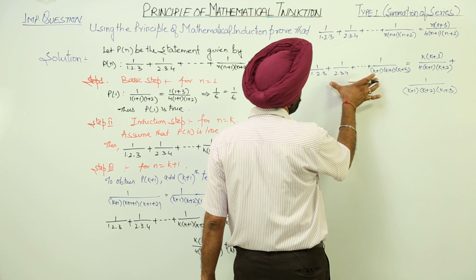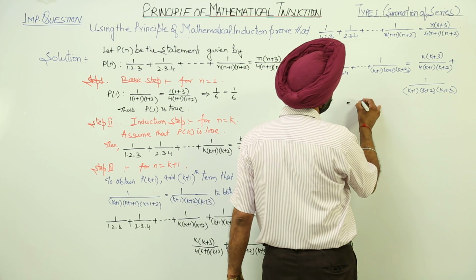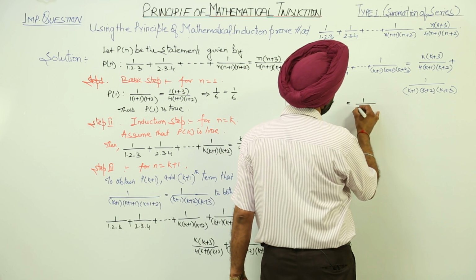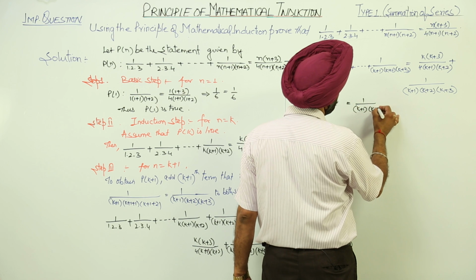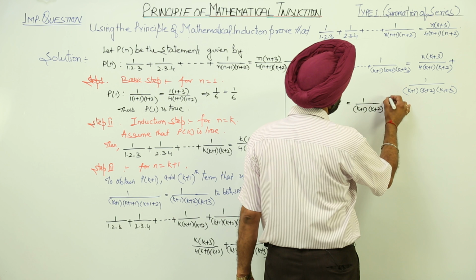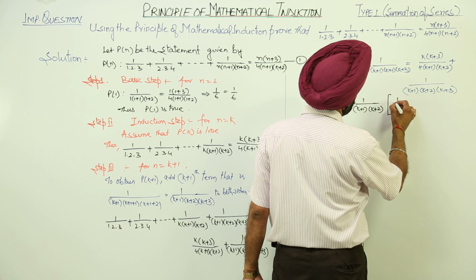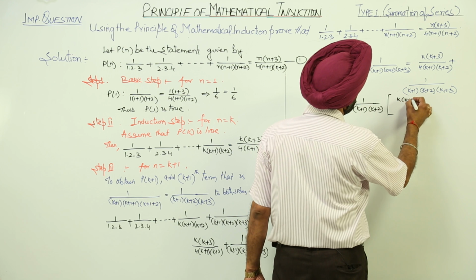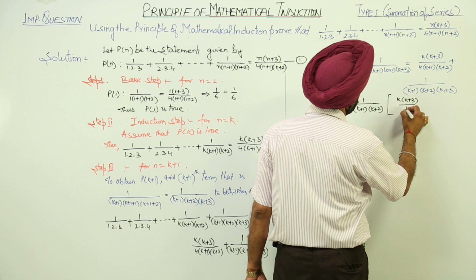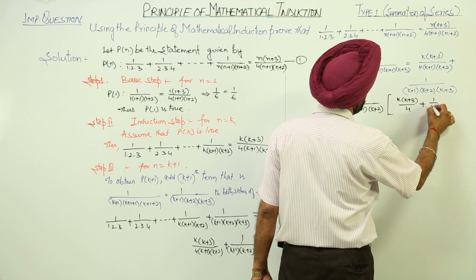Now, this becomes 1 upon k plus 1 and k plus 2 as it is, and now here we are left with k times k plus 3 upon 4 plus 1 upon k plus 3.